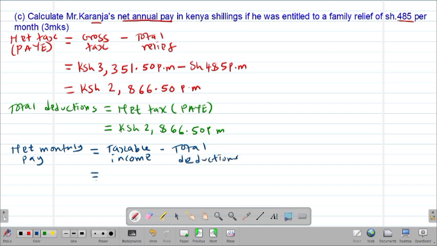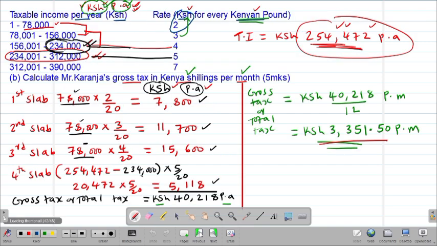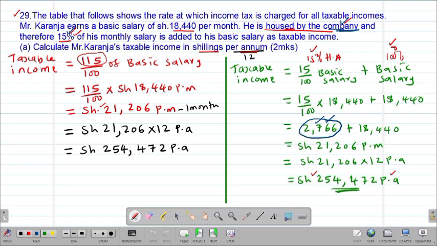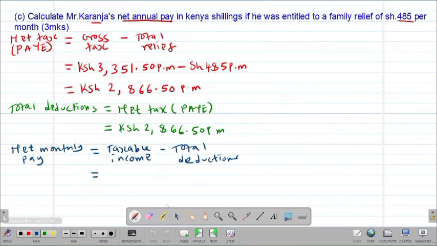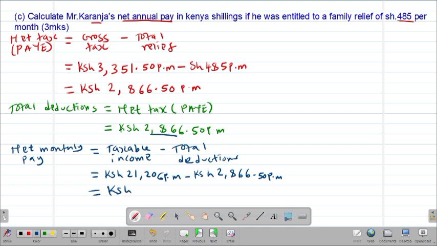So this will be equal to our taxable income, which was Kenya shillings 21,206 per month, minus the total deductions of Kenya shillings 2,866 and 50 cents per month. So the difference is going to give us, you take 21,206 minus 2,866 and 50 cents, your calculator is going to give you 18,339 and 50 cents. Of course, this is shillings per month.